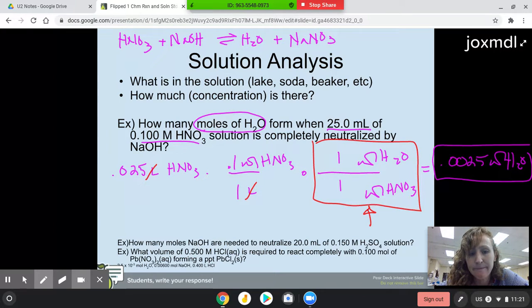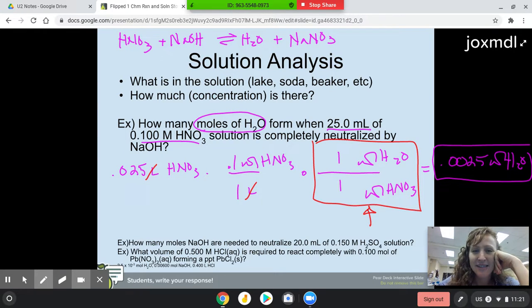Like this question is 25 milliliters, will you put it to 0.025 liters? Yes, I always convert it into liters. There is a catch. If you're going out of milliliters for nitric acid and back into milliliters for something else like water, you wouldn't have to convert, because the conversions cancel each other out.